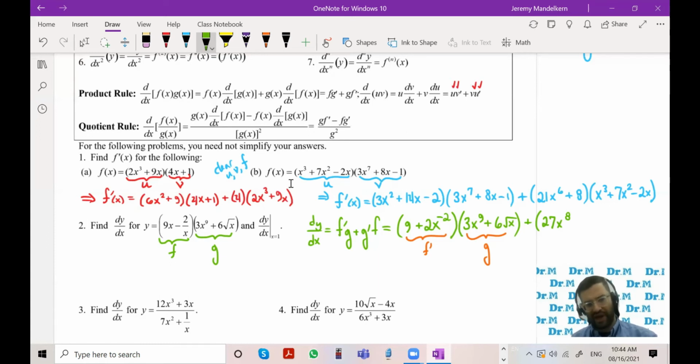So pulling down the 1/2, it's 6 times 1/2 plus 3, and then x is now raised to the minus 1/2 power. In the power rule, after we pull down the exponent, we reduce the exponent by 1. So from 1/2 to minus 1/2. Okay, so that will be right there, the g prime, and we multiply by f exactly as it is.